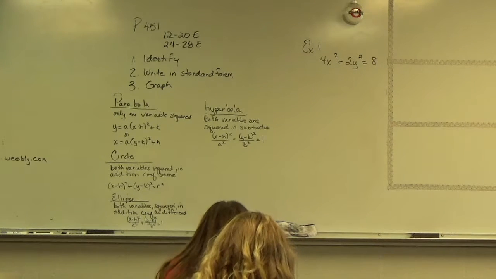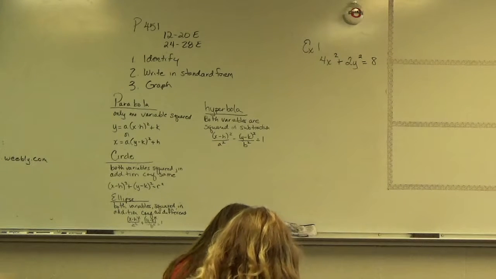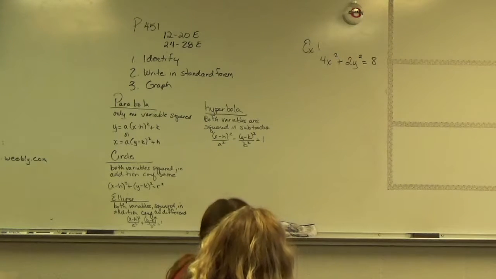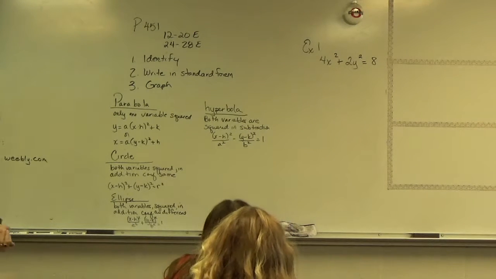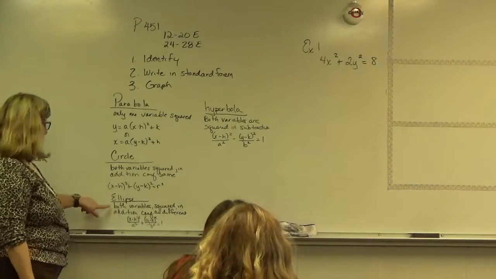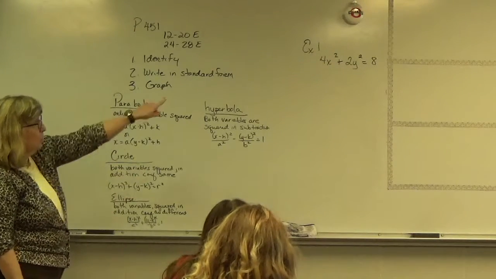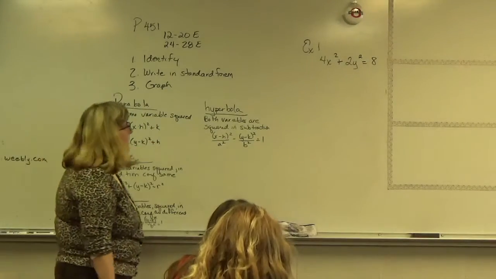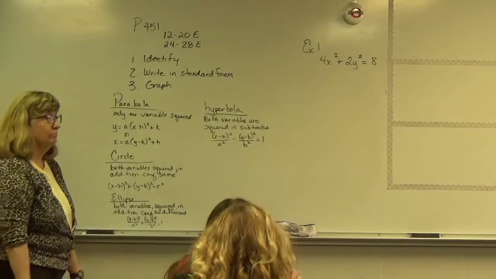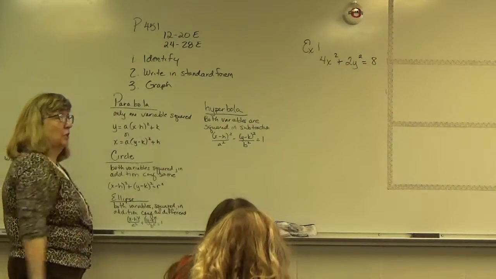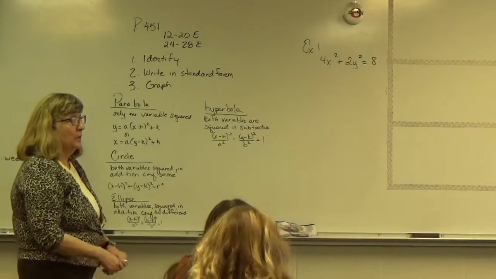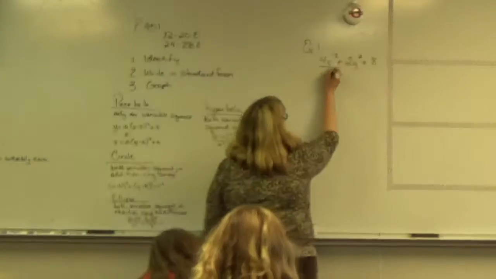Good. And that's all you needed to know. So he's correct. It is an ellipse. Both variables are squared, it's in addition, and the coefficients are different. Okay? Now, is it in correct standard form? No. Okay, so Nathan, what would you do to get it in correct standard form? You divide both sides by 8. That is good.